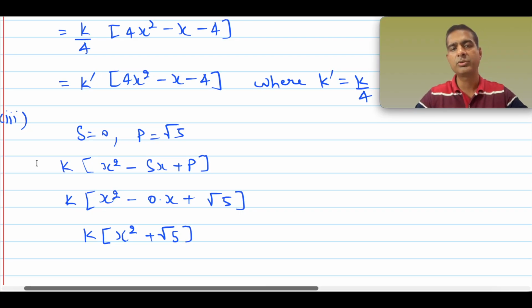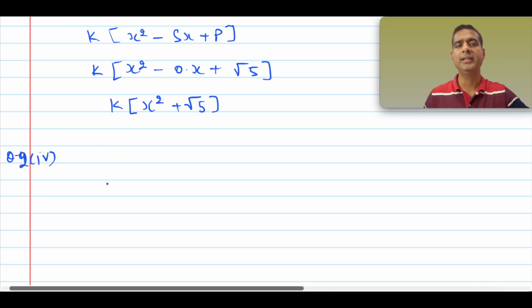In many books, students, k will not be there, but I am writing k just to make you aware that there will be infinite number of polynomials whose sum of roots and product of the roots will be same as given in this question. Just remember that k cannot be 0. It is a non-zero integer, or it can be any fraction, or any non-zero real number. To be more safe, we can say k is a non-zero real number.